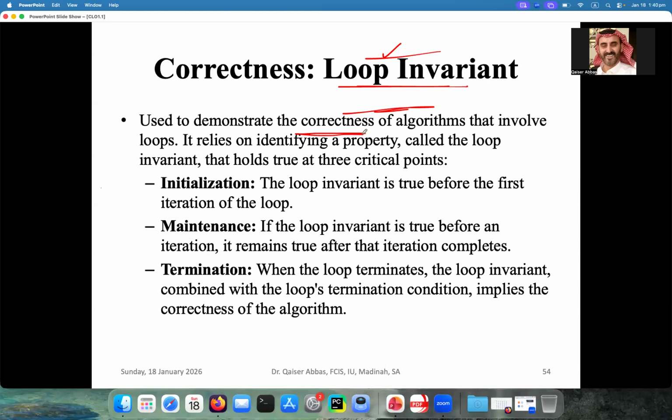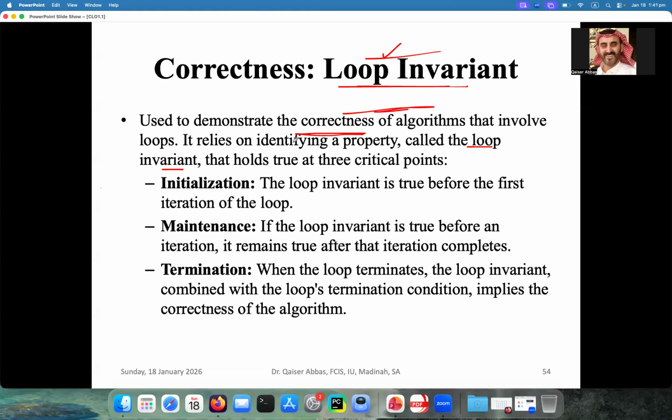You have to identify some statement which you want to show is true for all the cases. And that property we will call the loop invariant. I am giving you simple words: you have to identify a statement, that statement is called a property, and you have to identify that property from the given problem.